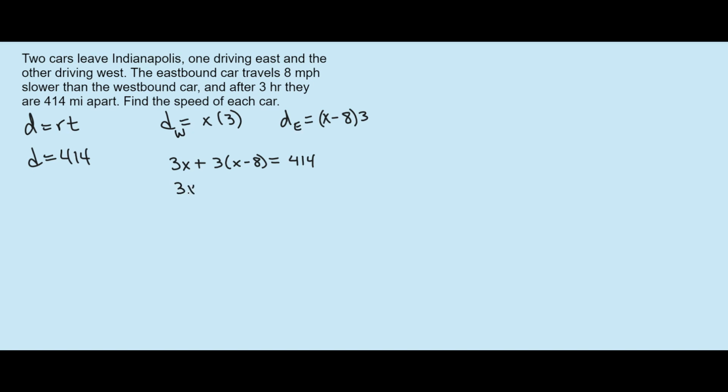So I'm going to do 3x and then distributive property, 3x minus 24 equals 414. So this was the distributive property. Then I'm going to combine my like terms to get 6x minus 24 equals 414. So this was combined like terms.